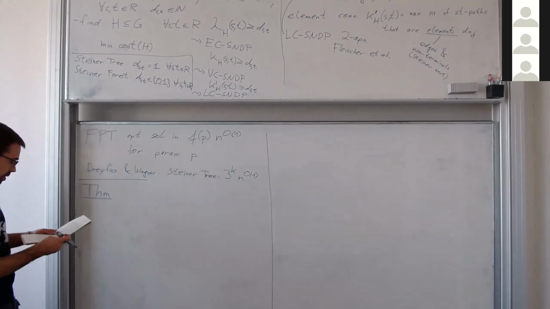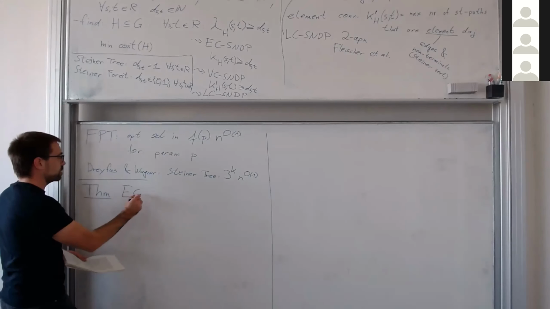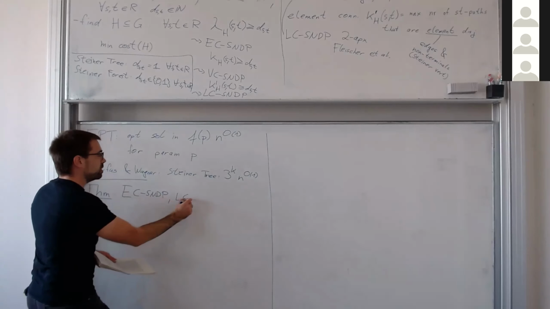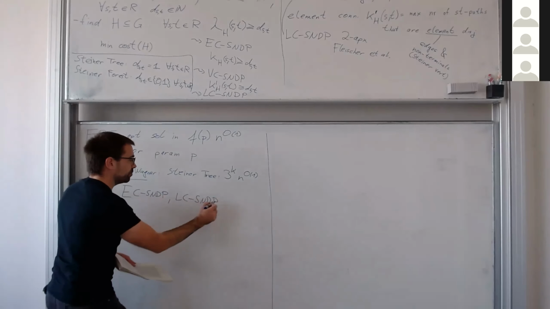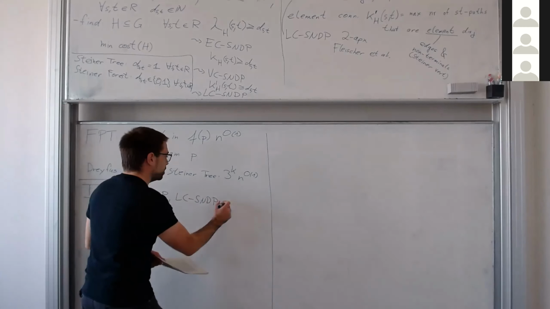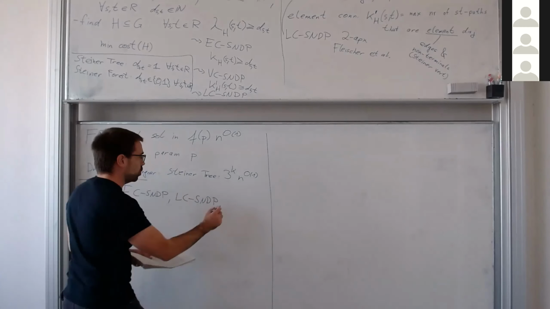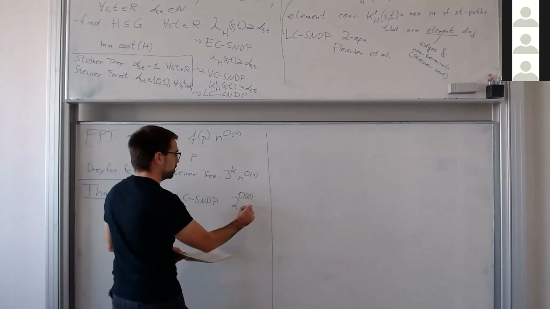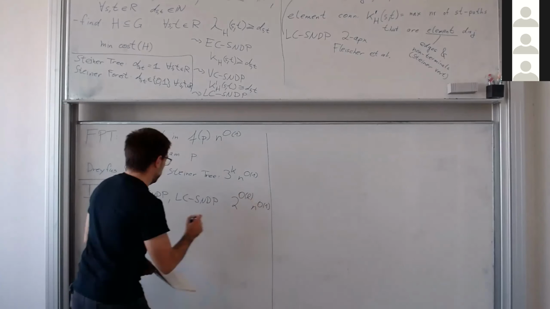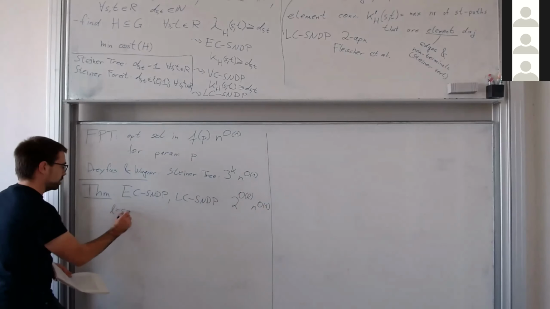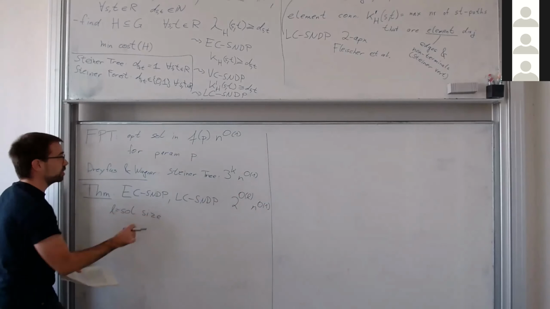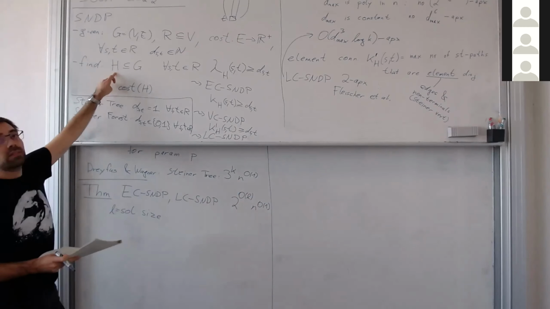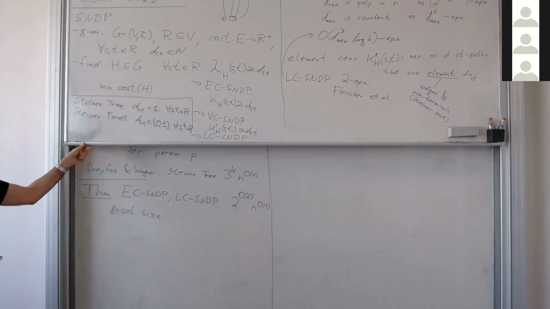If we look at edge connectivity SNDP or element connectivity SNDP, these can be solved in running time 2 to the O(L) times n to the O(1), where L is the solution size, the number of edges and vertices in the graph H that minimizes the cost.